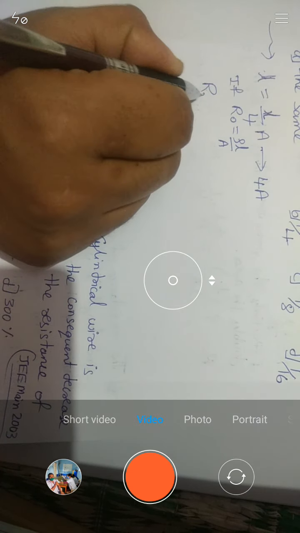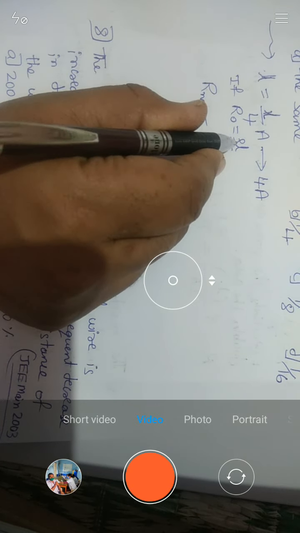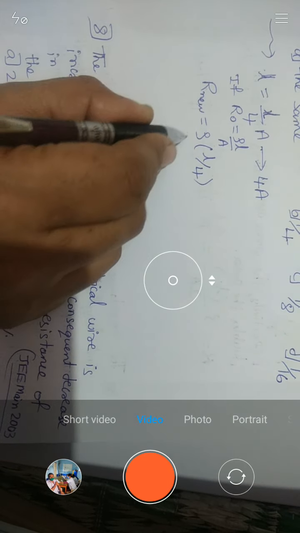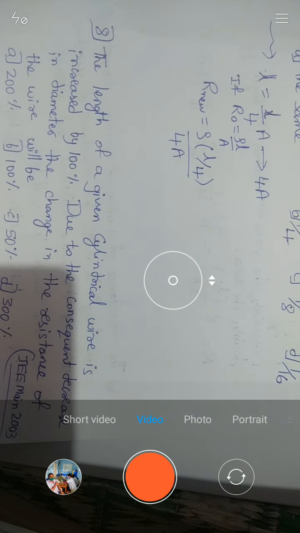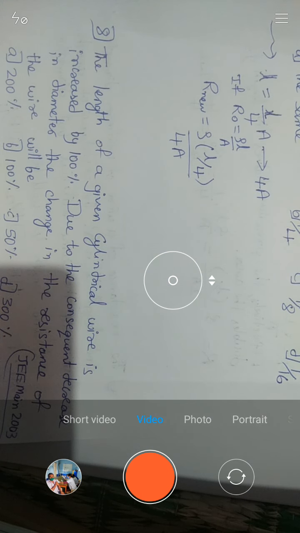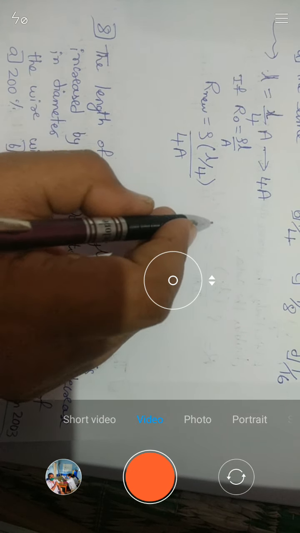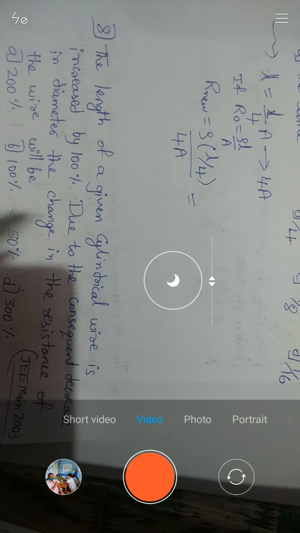The new resistance R new is equal to rho times L by 4, because we cut it into 4 equal parts, divided by 4A, the area.